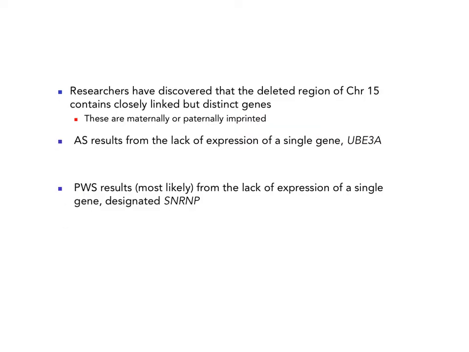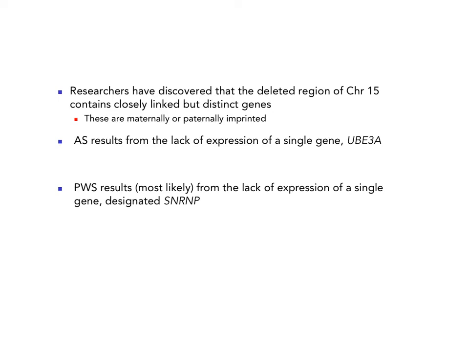So this deleted region is really critical to know where it comes from, whether it comes from the mother or whether it comes from the father. Having this deleted region is a big problem, period. But in combination with this phenomenon of genomic imprinting, it will lead to AS or PWS typically.